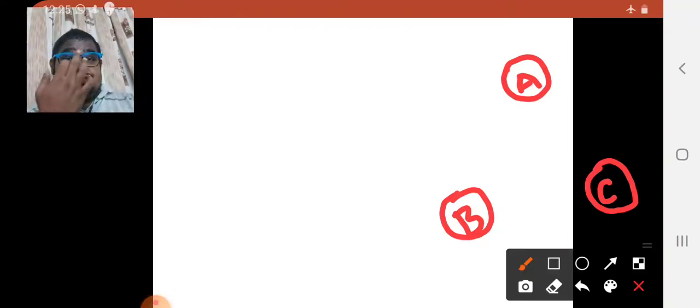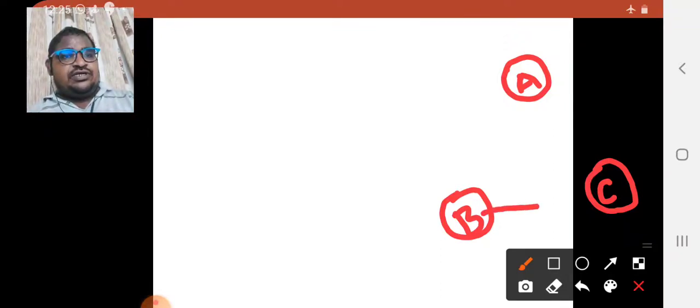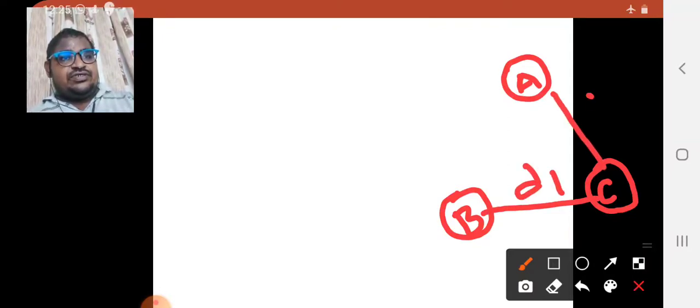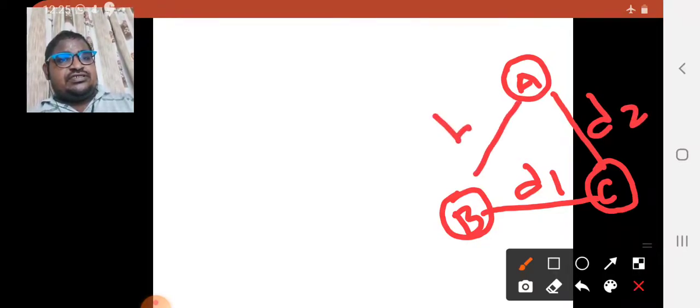Now let us assume that the distance between these two is D1, the distance between these two is D2, and the distance between these two is D3.